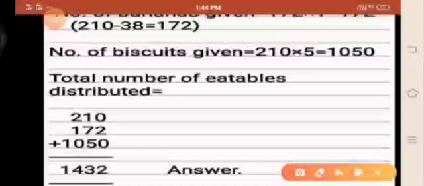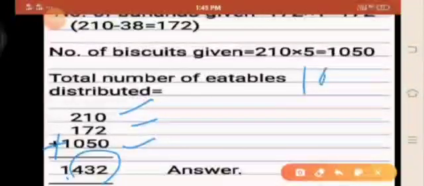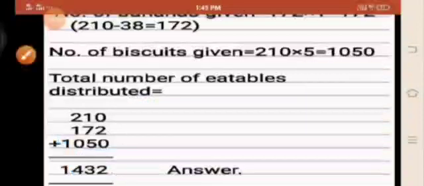Total number of biscuits, bananas and oranges are distributed. We will plus and we are getting the answer. Is it clear, children? So like this we can find out total number of eatables distributed. This question is little bit complicated but not that much. So here like this we can do this answer.